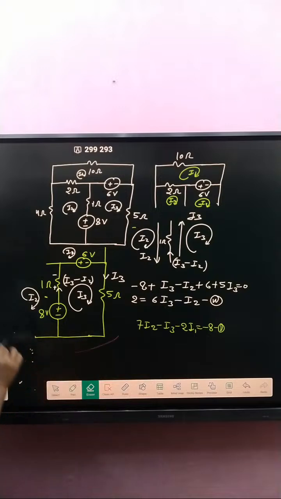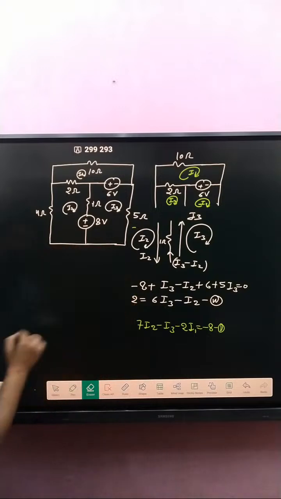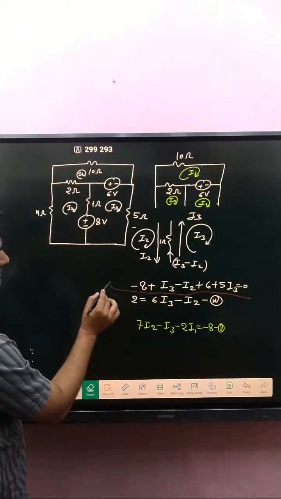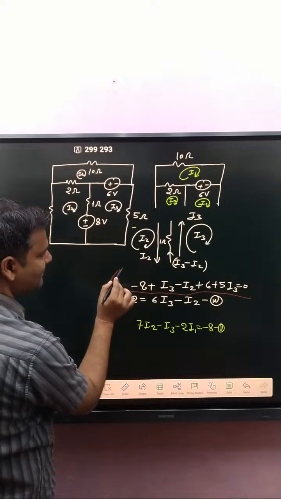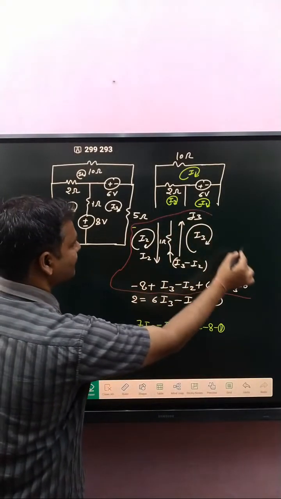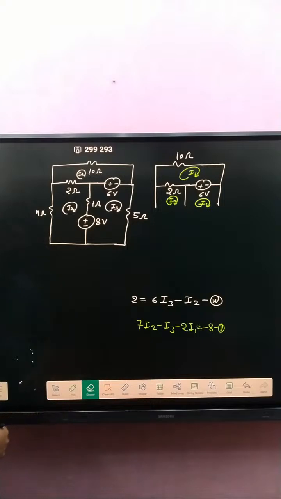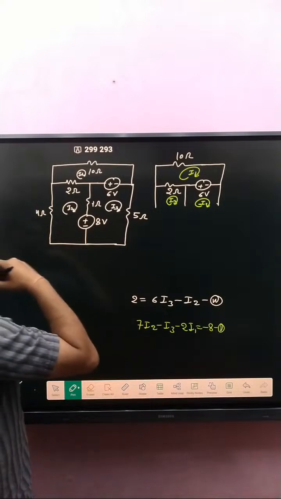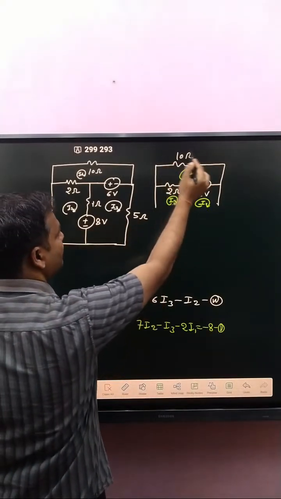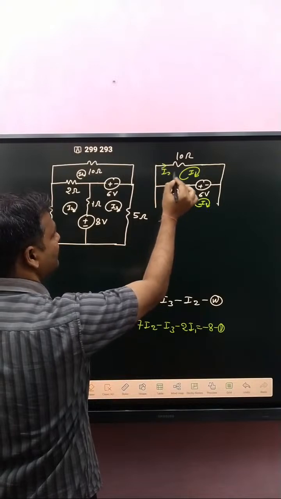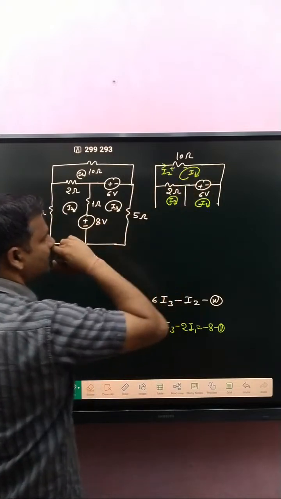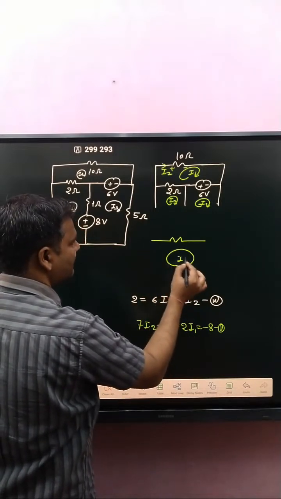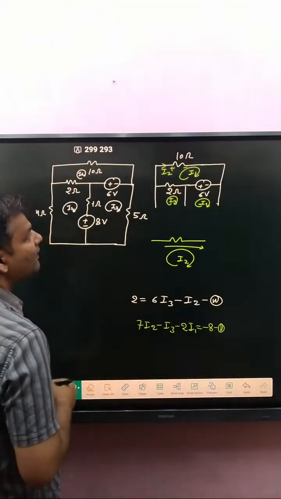So first of all, make it, and after that I will remove. So if you see very carefully, no any loop current here, so I2 current flows in 10 ohm resistance. What about current in 2 ohm resistance? I2 direction like that one.